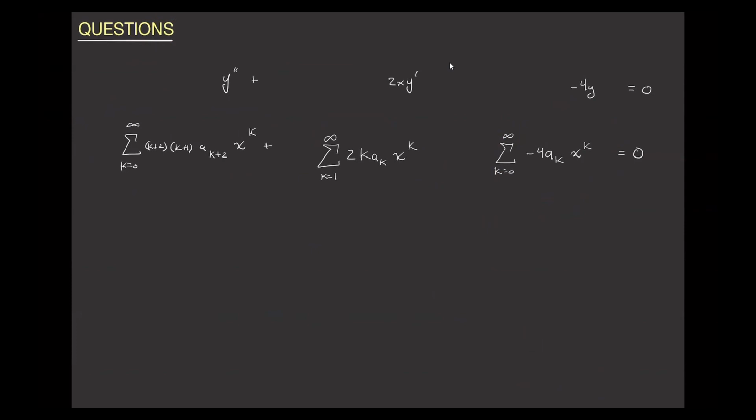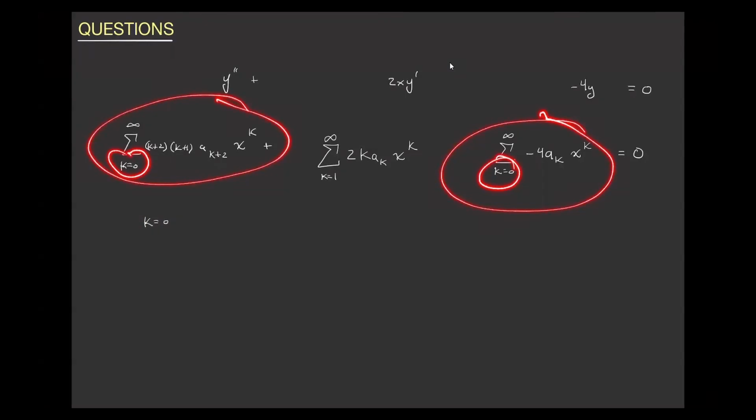Now, from here, what we want to do is go by the values of k. So first, we'll look everywhere where k is equal to 0. That happens only in the first and the third case. So we put k is equal to 0.